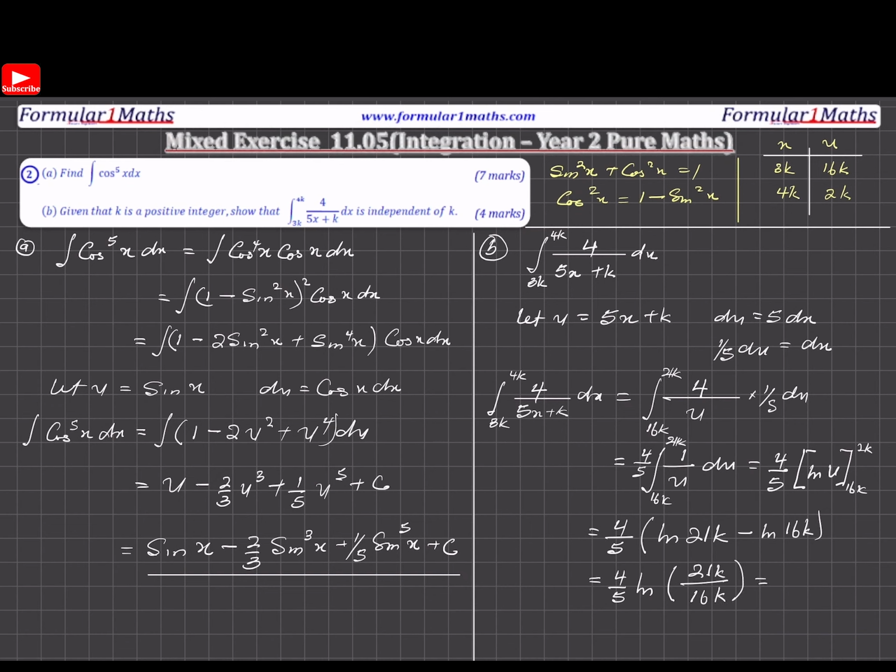And that can be reduced to 4/5 ln brackets 21 over 16. And as you can see, the final answer does not involve k, and so it's independent of k. So this is the final answer for question 2b.